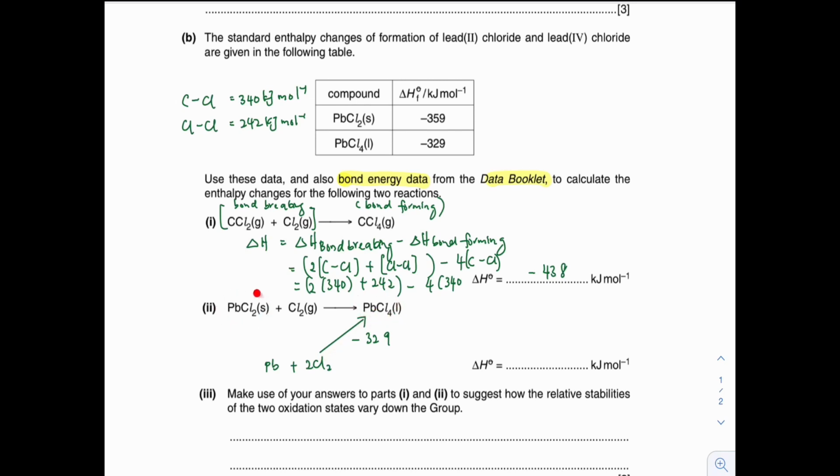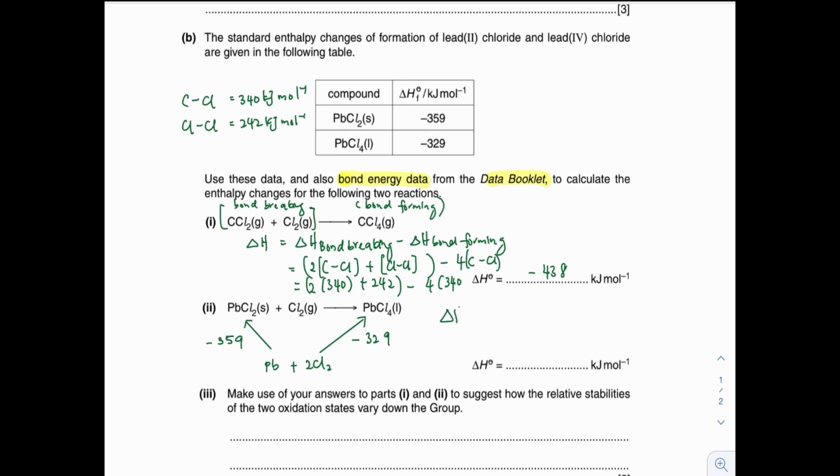Whereas for the formation of PbCl2, which is this value, basically we can just draw an arrow up from here. This is -359. As you can check, the equation from here to here is already balanced.